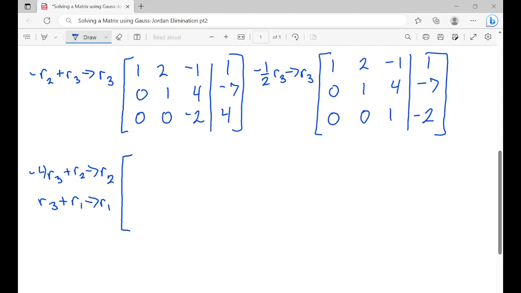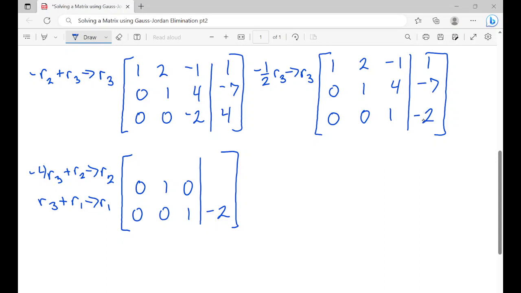So I'm getting new rows 1 and 2, which means row 3 doesn't get touched. So 0, 0, 1, negative 2. And now 0 and 0 is 0. Negative 4 times 0 is 0, plus 1 is 1. 1 times negative 4 is negative 4, plus 4 is 0. Good.